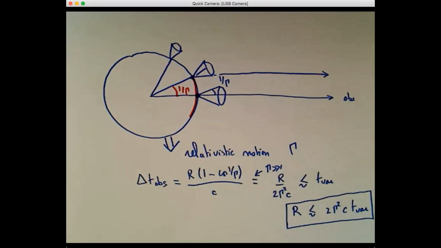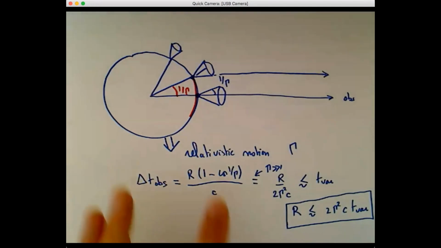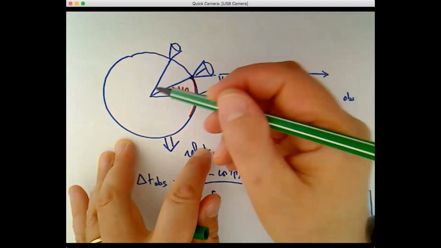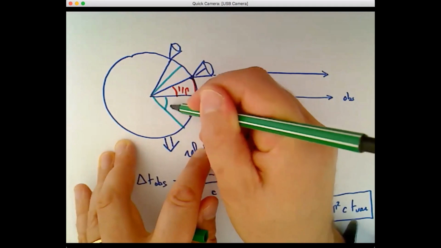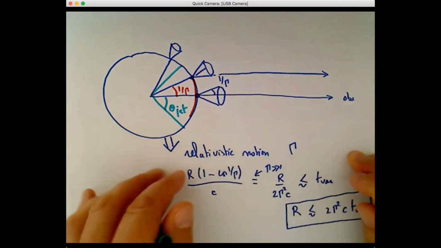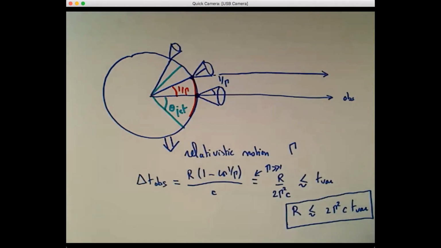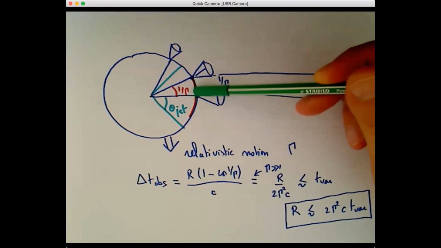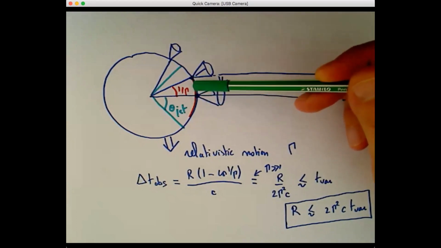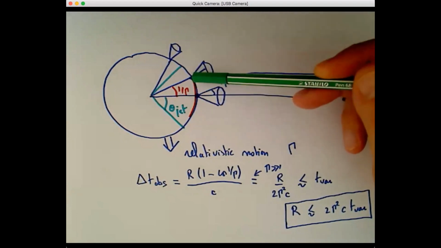It's a good question. During the prompt phase, if, and this is what is usually assumed, the ejecta is a jet with a physical opening angle that I could call theta jet, which is much larger than 1 over gamma, then there is no hope for the observer to distinguish this jet from a sphere, because the observer is receiving photons only from a very small fraction of the emitting surface, and it's not possible to know if this is a small fraction of a cone or of a sphere.